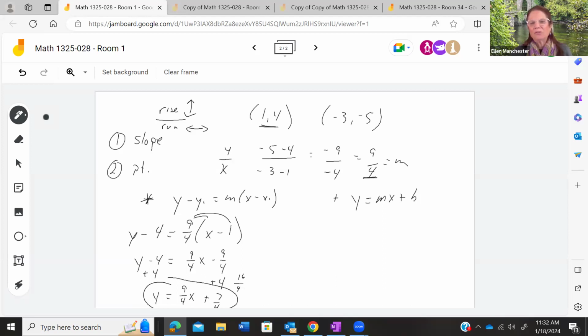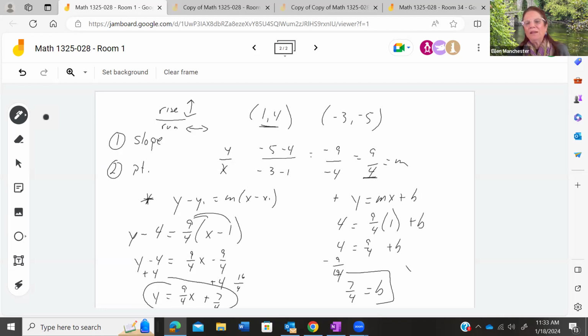If I use the slope intercept format, I again use whichever point I want, and with this one I have to solve for b. When I solve for b, I subtract off 9/4, and I'm still going to get 7/4 equals b. What happens is most students do this and they go, oh, I'm done.